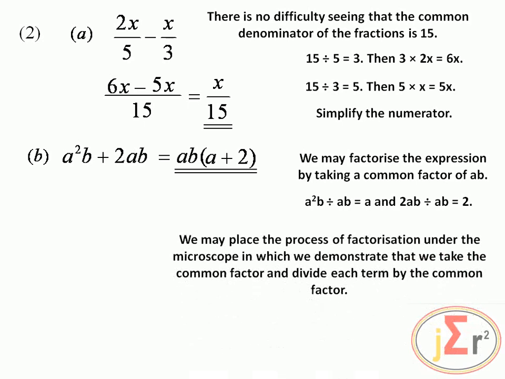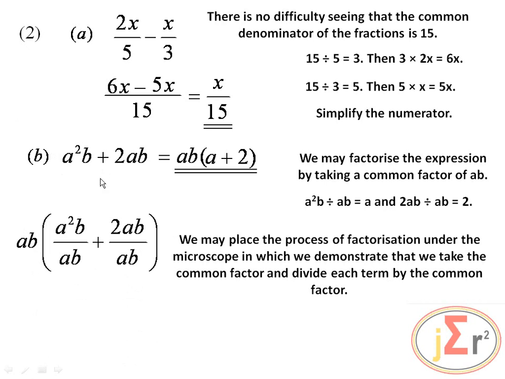We may place the process of factorization under the microscope, in which we demonstrate that we take the common factor and divide each term by the common factor. So we have the same expression, and we will divide each one of the terms by the common factor. So the common factor is ab, it's right here.